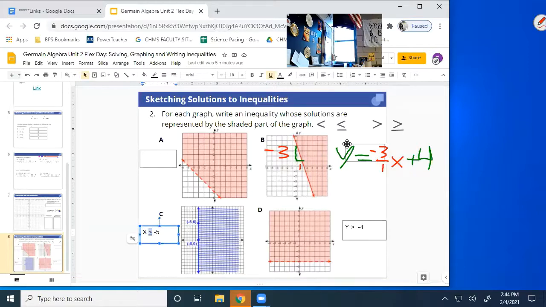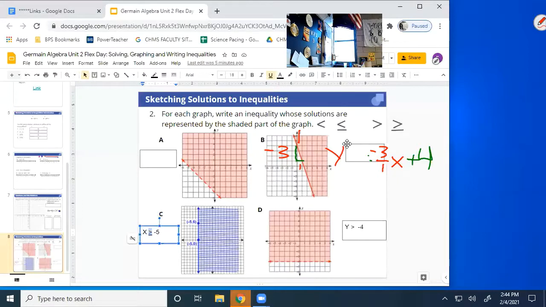Are we shading above the line or below the line? Claire? Above. It's getting larger. We're shading above it, so we're going to switch this equal sign out for a y is what as compared to my x values? Greater than or equal to.